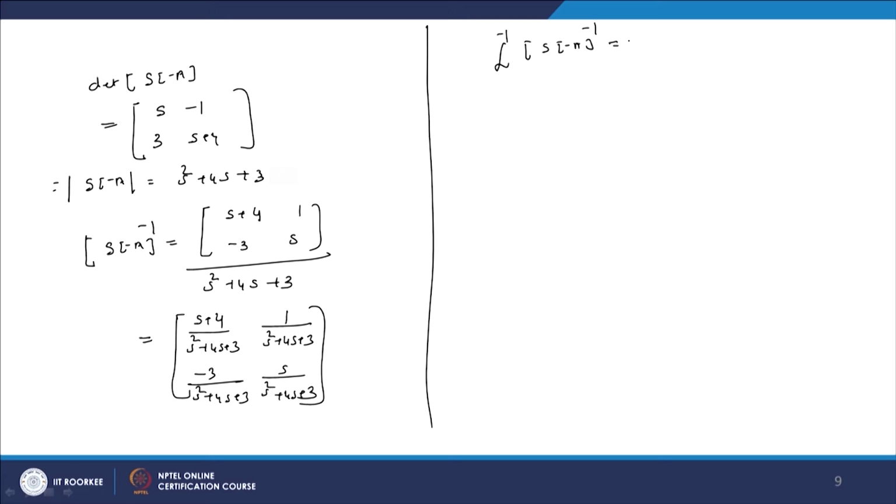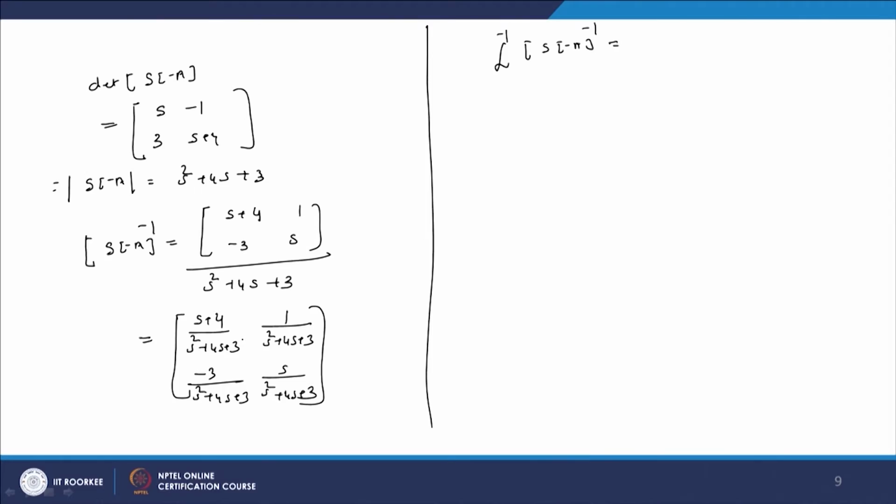This equation will give us the result in terms of x of t. If you see this, (s+4) over (s square plus 4s plus 3), it is not possible to calculate the inverse directly. Therefore, we have to convert it into partial fraction expansion. Last time we saw how to do that, and then we can go for the Laplace inverse.